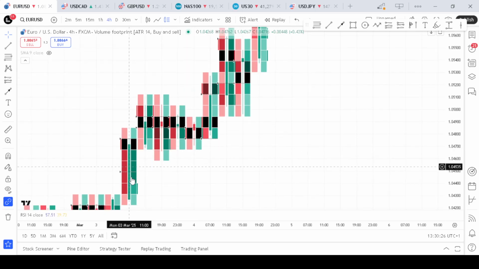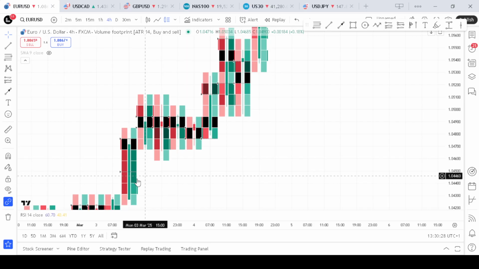TradingView helps to identify these levels of imbalance by comparing volumes between adjacent price levels, marking them with vertical lines. As you can see, it marks them with a vertical line beside the candle. This imbalance often signals potential price reversal or continuation.